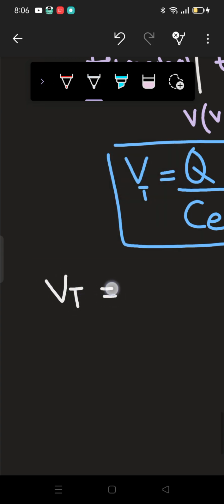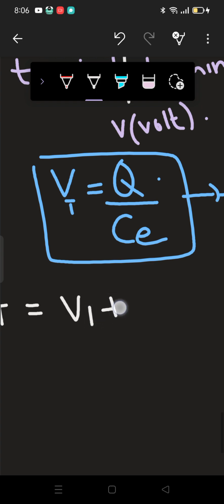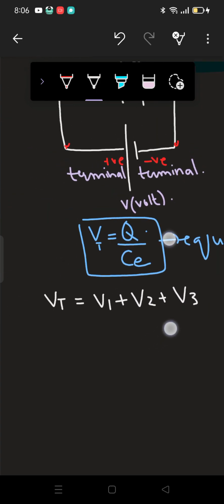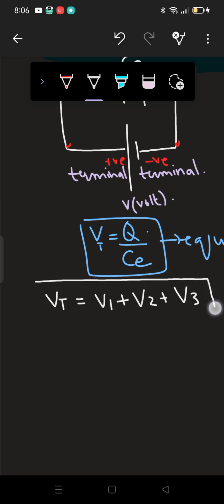So Vt was equal to V1 plus V2 plus V3. Vt means our total potential difference would be equal to V1, the potential difference stored by the first capacitor, then V2, the potential difference stored by the second capacitor, then V3, the potential difference stored by the third capacitor.